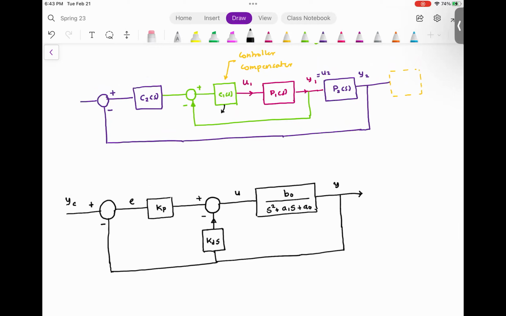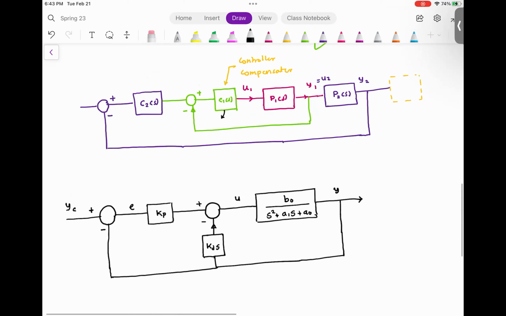So you have a term which is Kp times error plus Kd times error dot plus Ki times the integral of e dt.